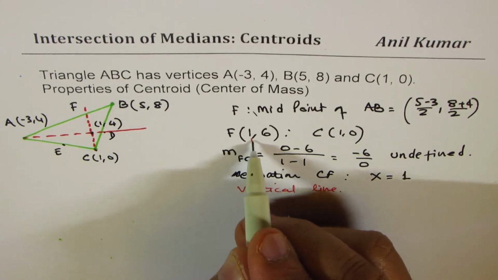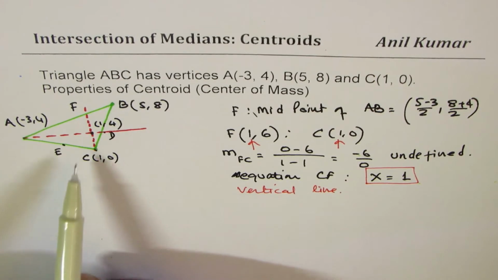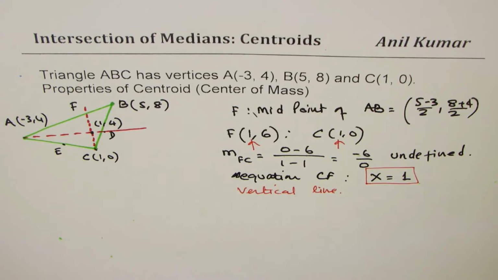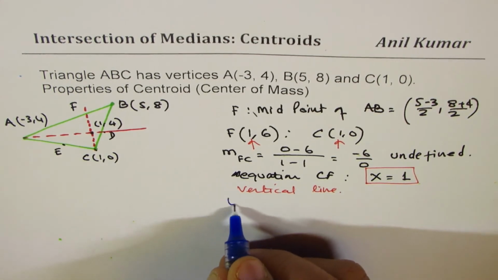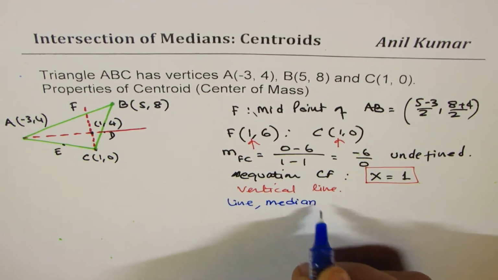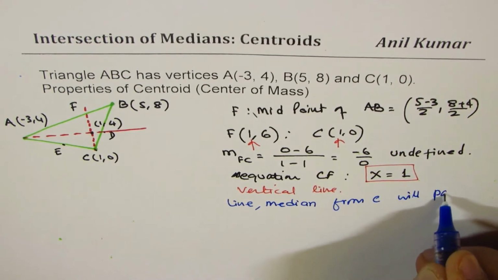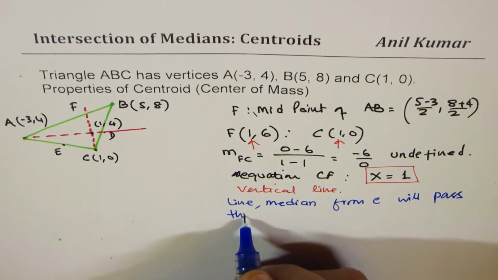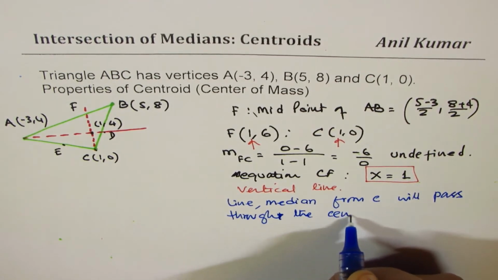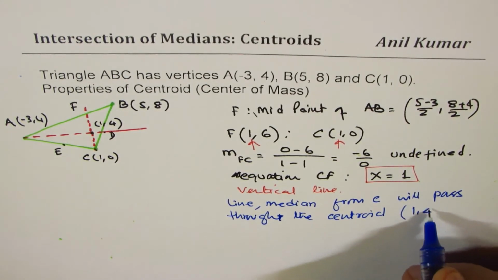So x values, as you can see, are the same. The equation is x equals 1. Now, x equals 1 will definitely go through (1, 4), correct? As you can see, the line, which is the median from C, will pass through the centroid, which is (1, 4), correct?